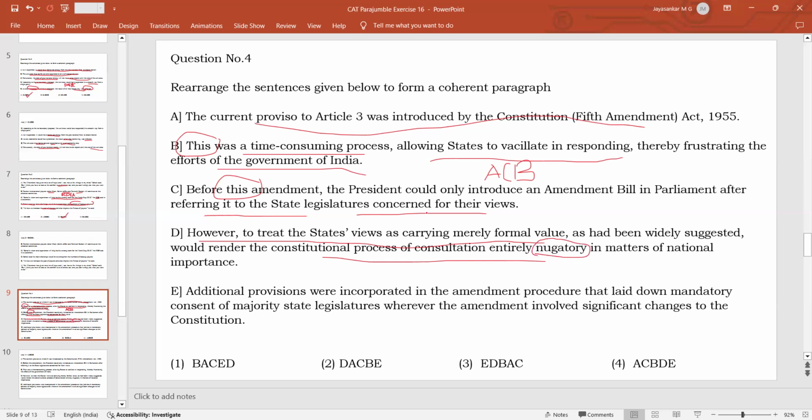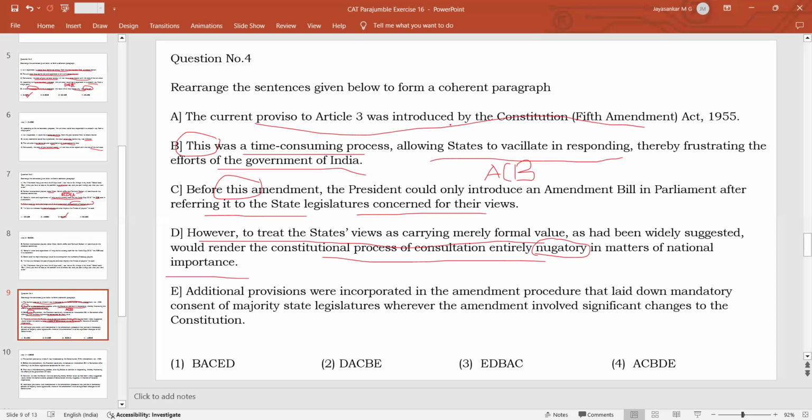So, if we introduce this constitution amendment bill, where obviously this referral to the state legislatures might have been done away with, another problem that will come is that the constitutional process of consultation with state governments becomes a meaningless exercise in matters of national importance. So what is the meaning here? In matters of national importance, the state legislatures also need to be consulted.